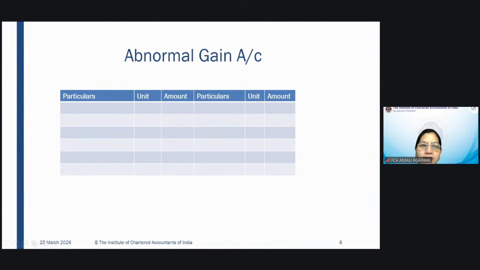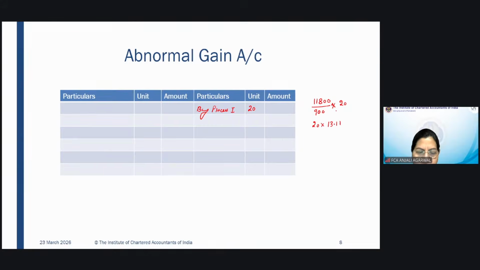Had there been abnormal gain, we would have written on the credit side by process 1, 20 units. Now the cost of those 20 units will also be taken in the similar fashion, 11,800 divided by 900. This will be the rate established at the rate of 13.11.